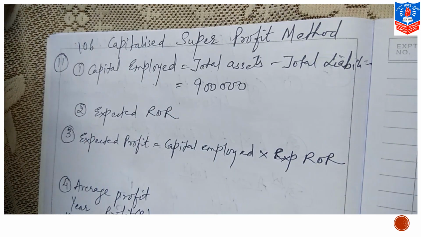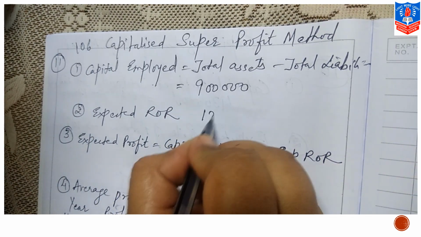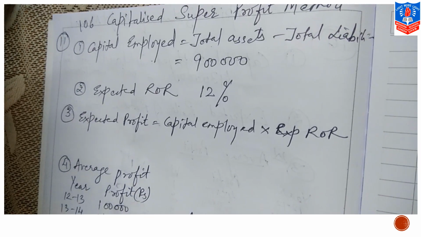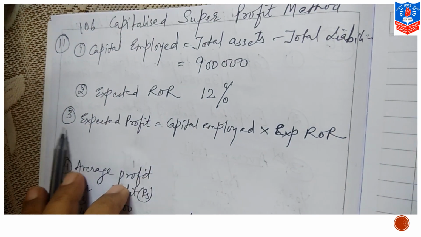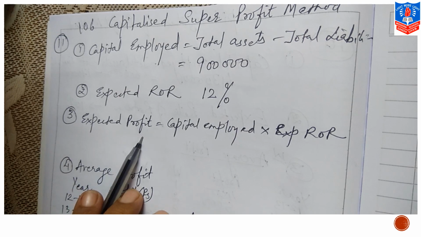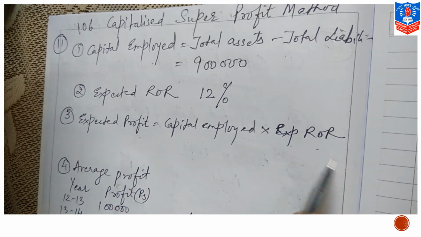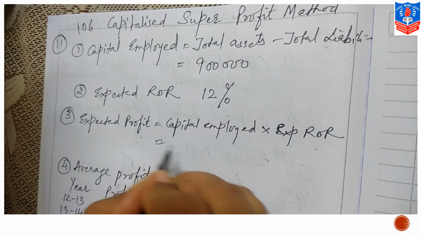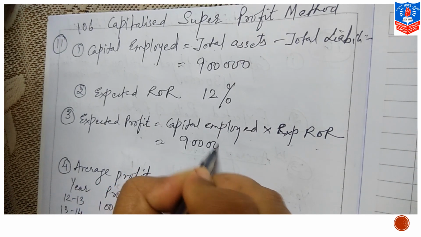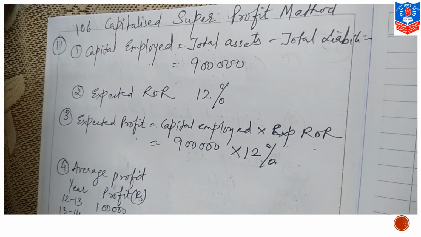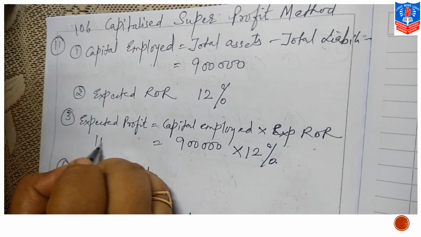Expected rate of return is also directly given to you, 12%. In this case, the third step is to find out expected profit, that is capital employed multiplied by expected rate of return.